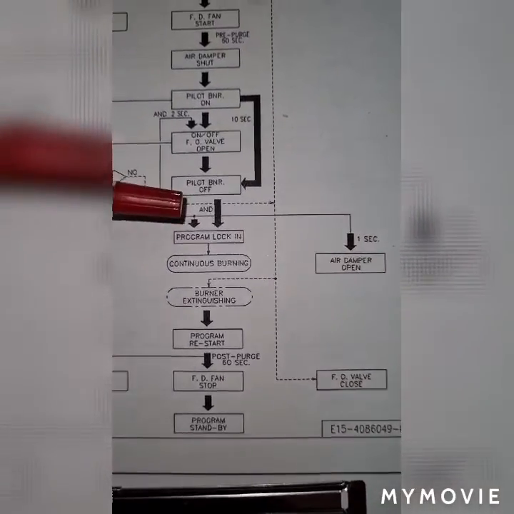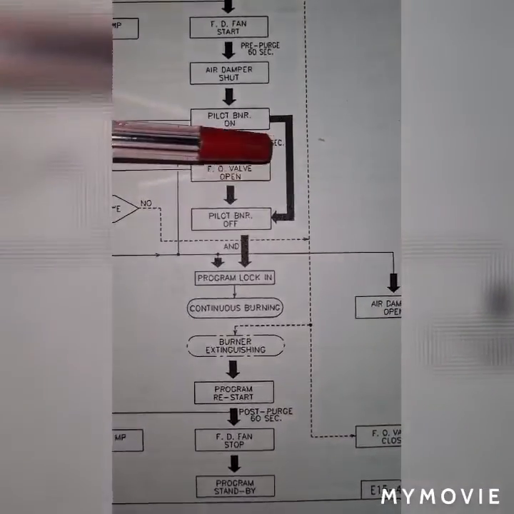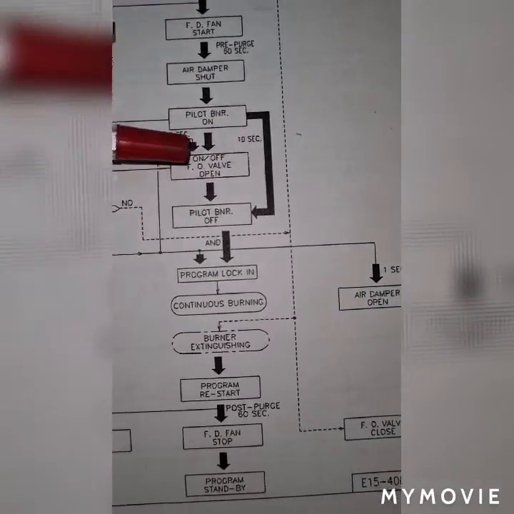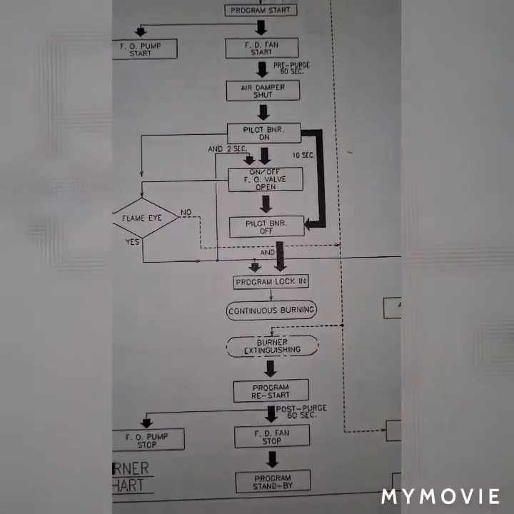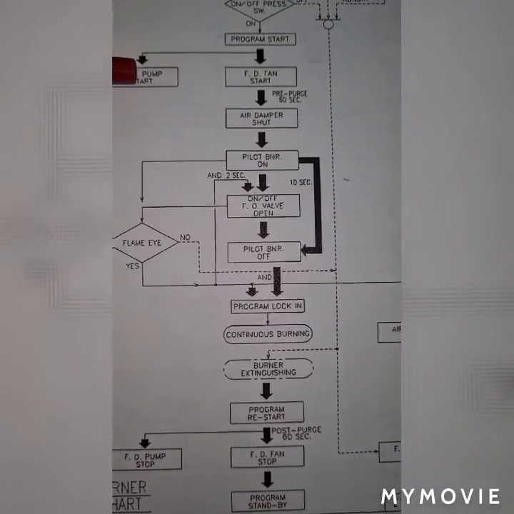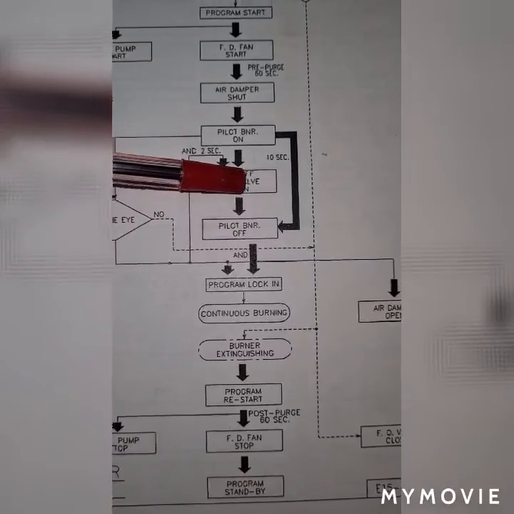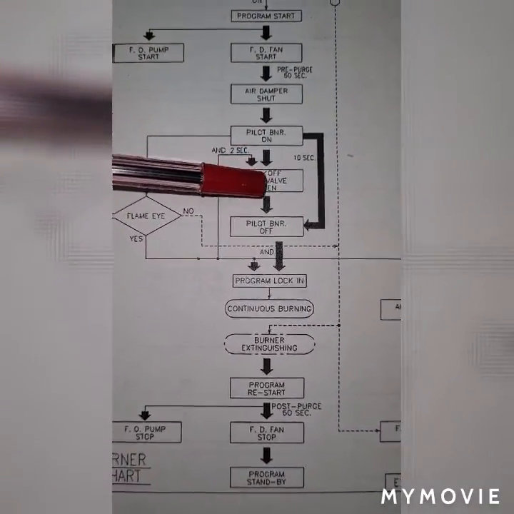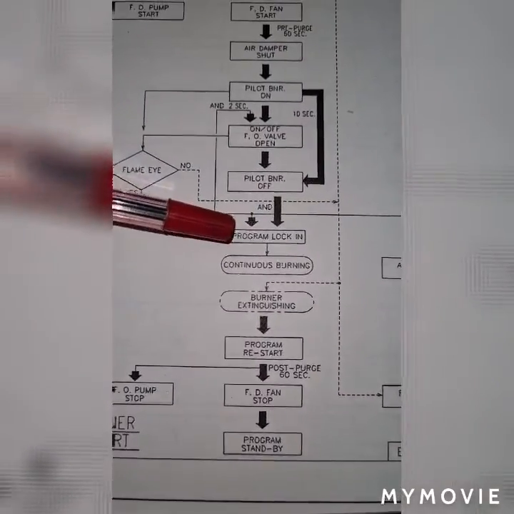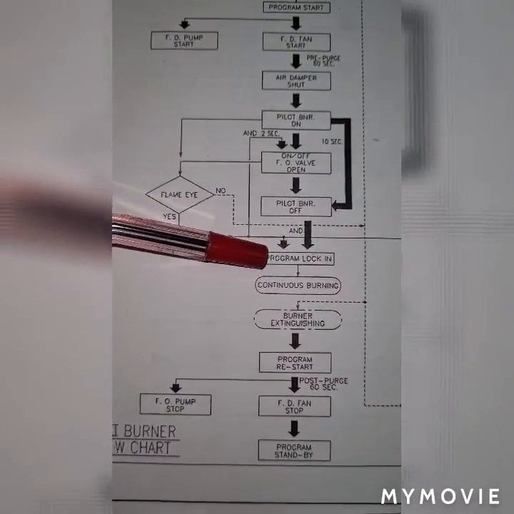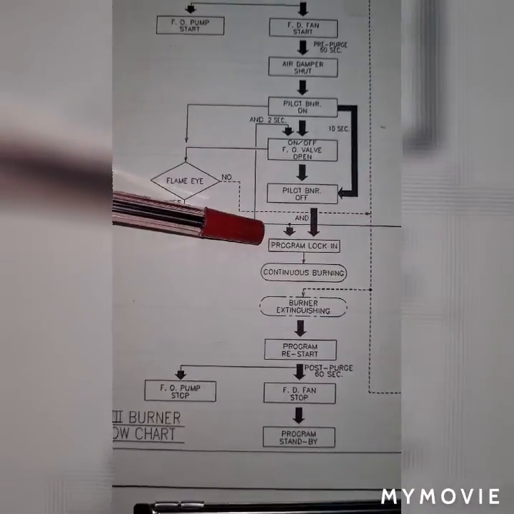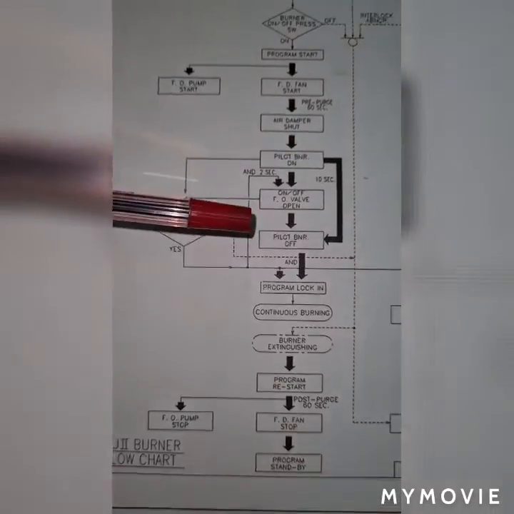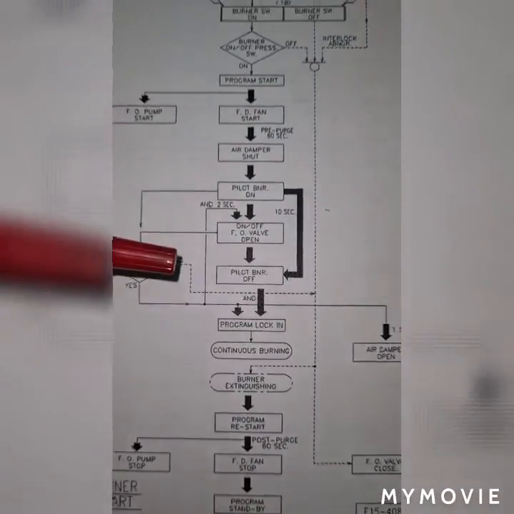and the PLC is continuously giving a signal to the solenoid valve to energize and allow high pressurized jet fuel to enter my main burner. Once the flame is established on the burner, the program lock-in is initiated and there is a continuous fire inside of my furnace.